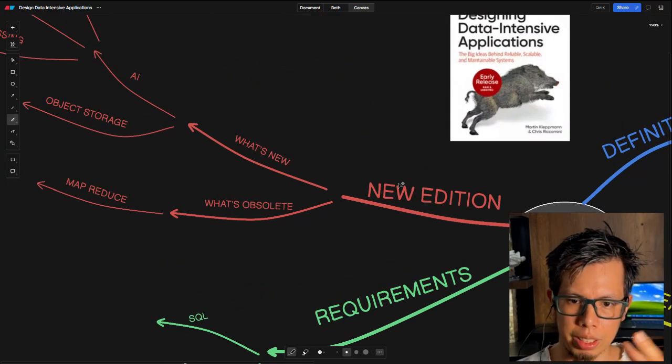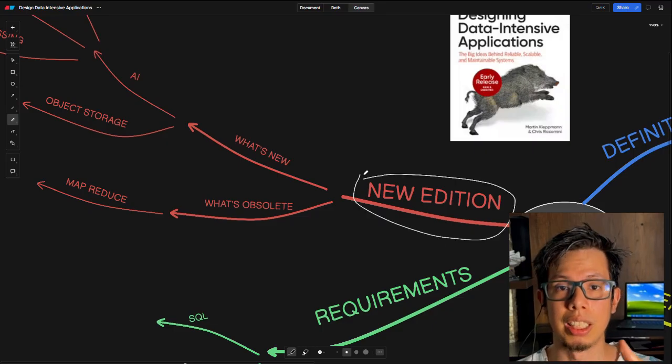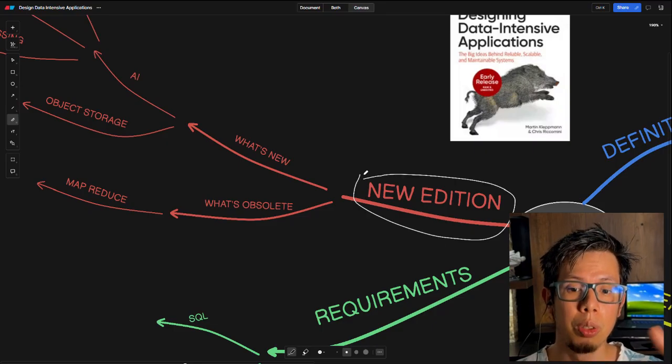And maybe this is the most interesting part for me. What is the purpose of this new edition?